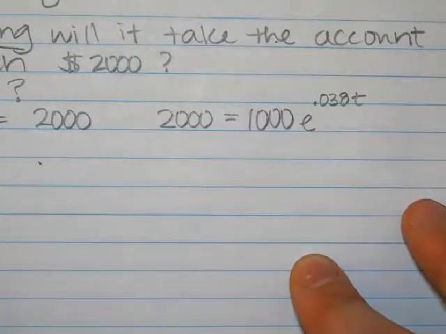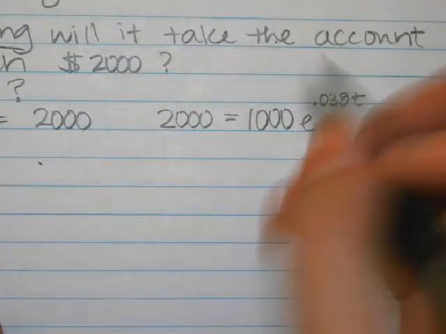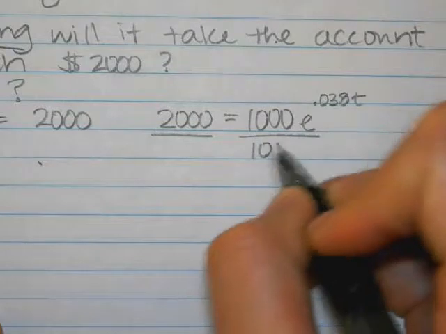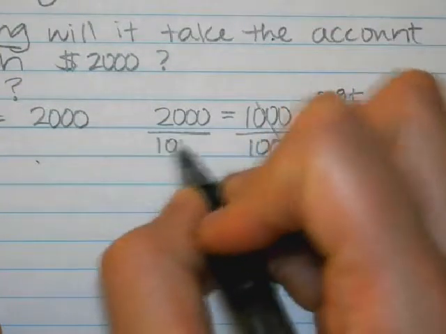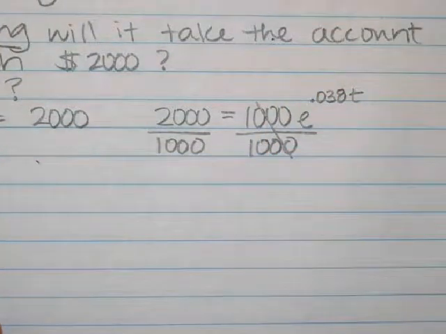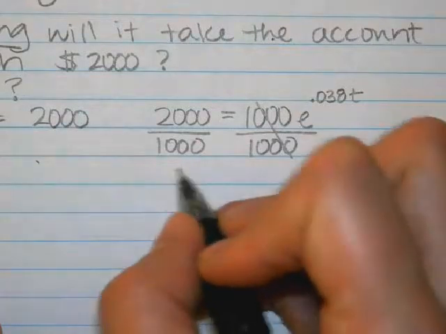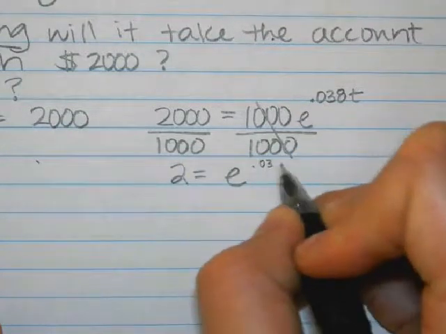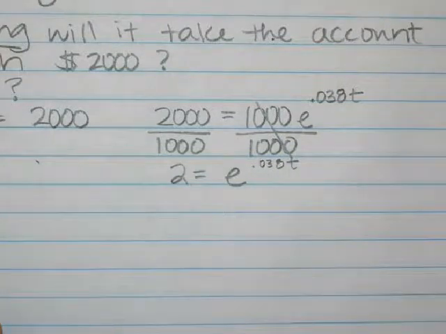So what do we do next? You divide. Divide by what? 1,000. And you're right, yep. 2,000 divided by 1,000 equals 2. And then we should divide by e, right? Wrong.